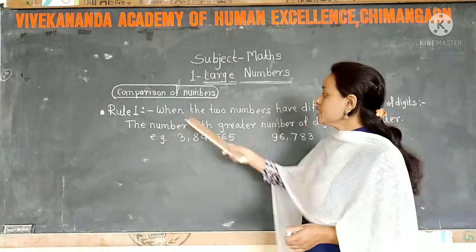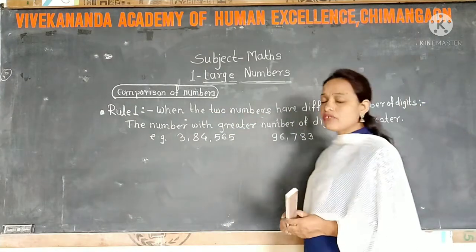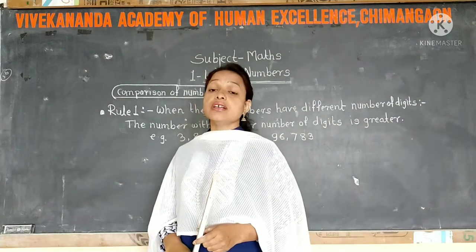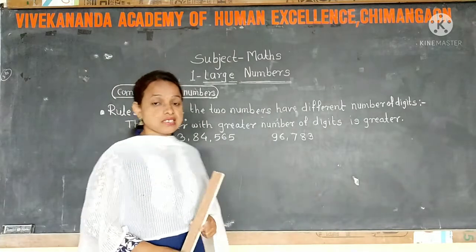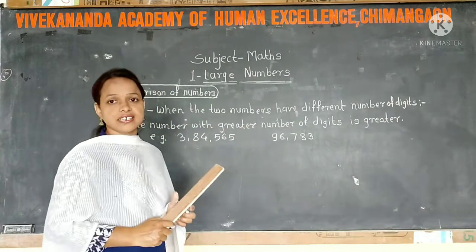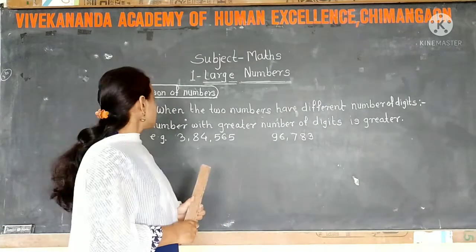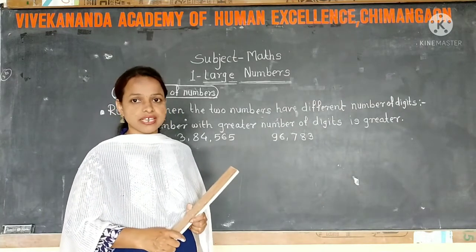Look here. When the two numbers have different number of digits, the number with the greater number of digits is greater. What is the meaning of that? We will see one example.